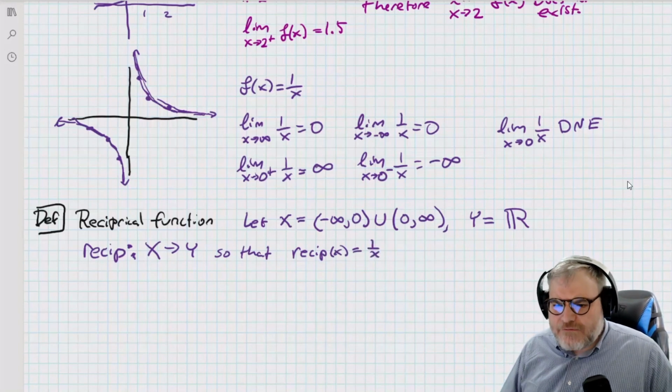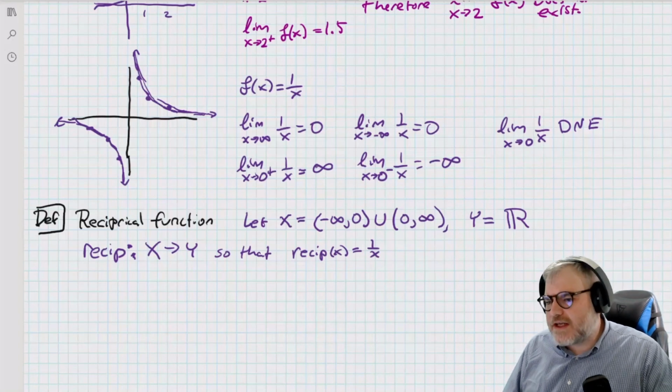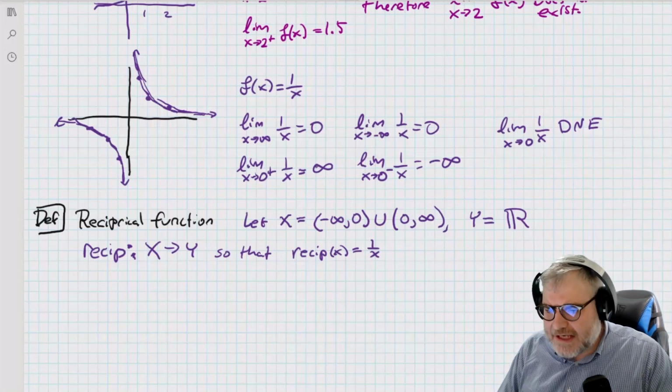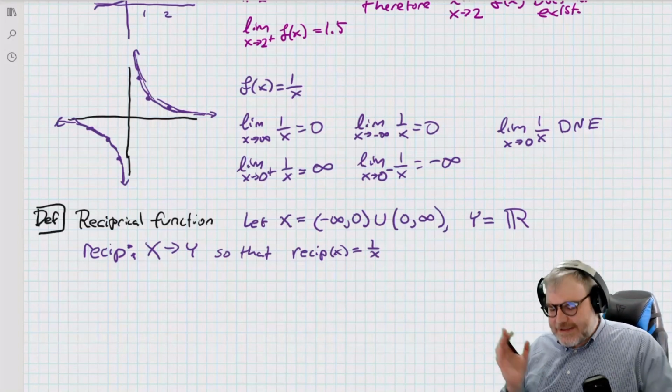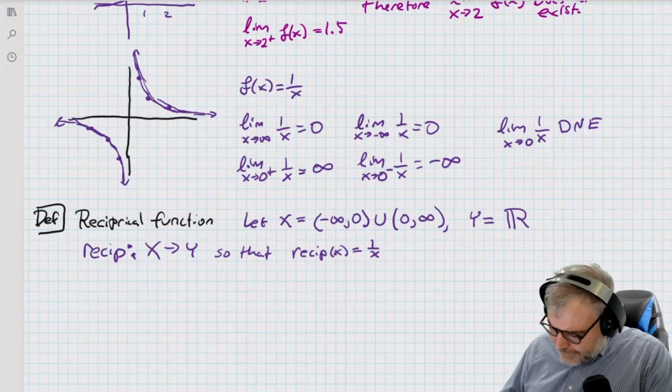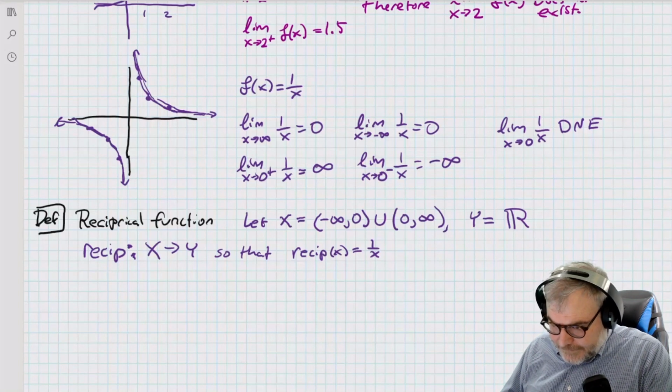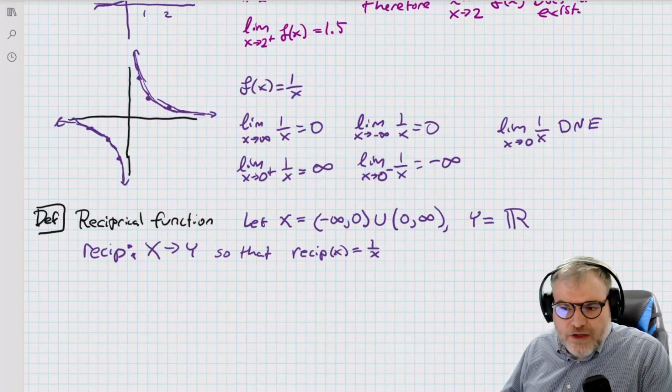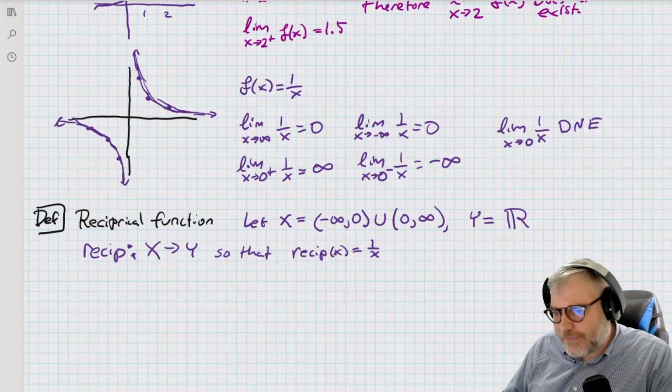Okay? So how do we feel about this idea? I've got this function that I'm just calling recip, and its definition is that it's 1 over x. Okay? Kind of weird formal language, but that's what it is.